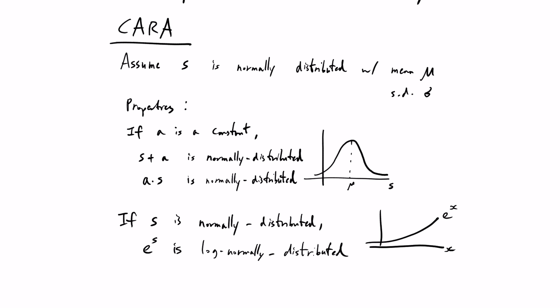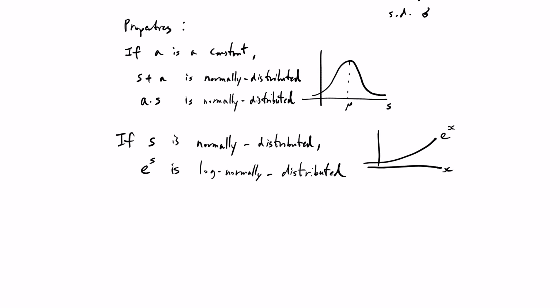It makes big numbers bigger. As a result, it skews the distribution to having a long tail on the right hand side. So it looks like this. This is log normally distributed. It's skewed, having a long tail.